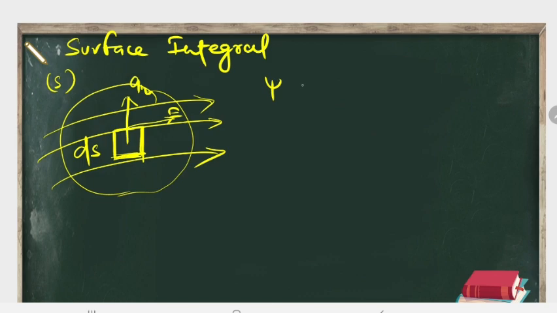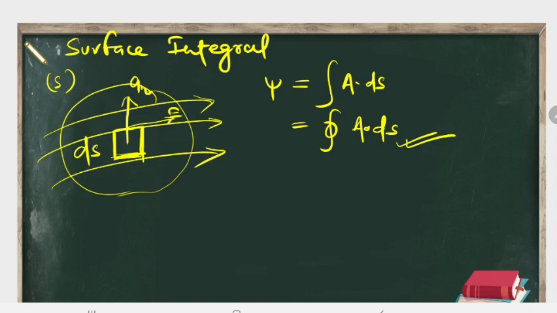So the surface integral is equal to the integral of A dot ds. Here the surface is closed in nature, and there the surface is not closed.